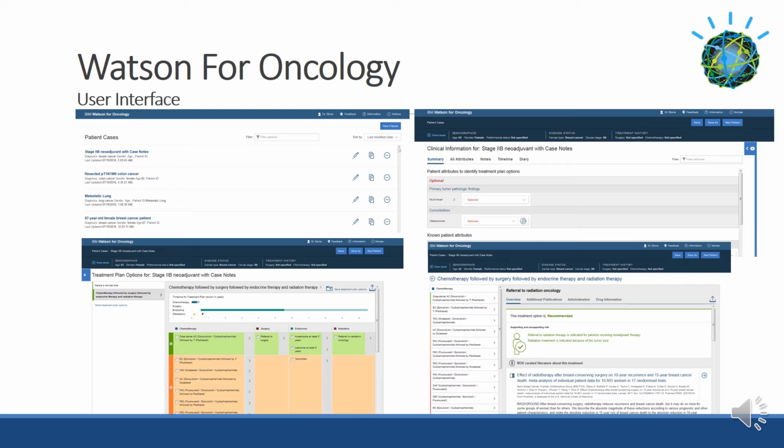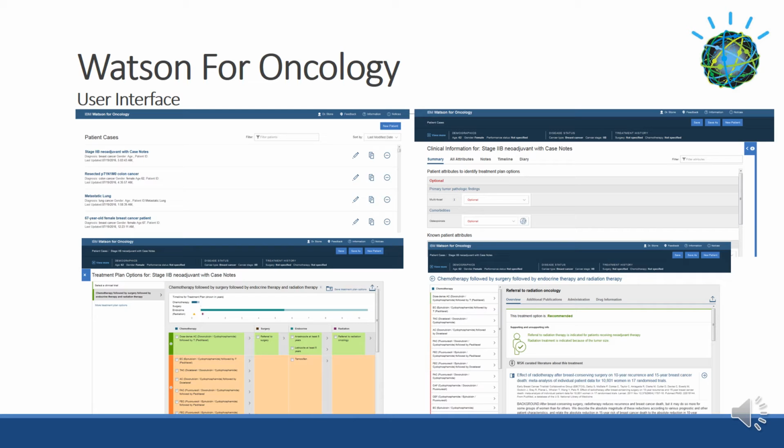Down in the bottom, the left picture shows the different treatment plans that Watson has suggested for that particular patient. The one in green is the one that Watson suggests as recommended, and the orange ones are for consideration, and if there's any reds, that's not recommended.